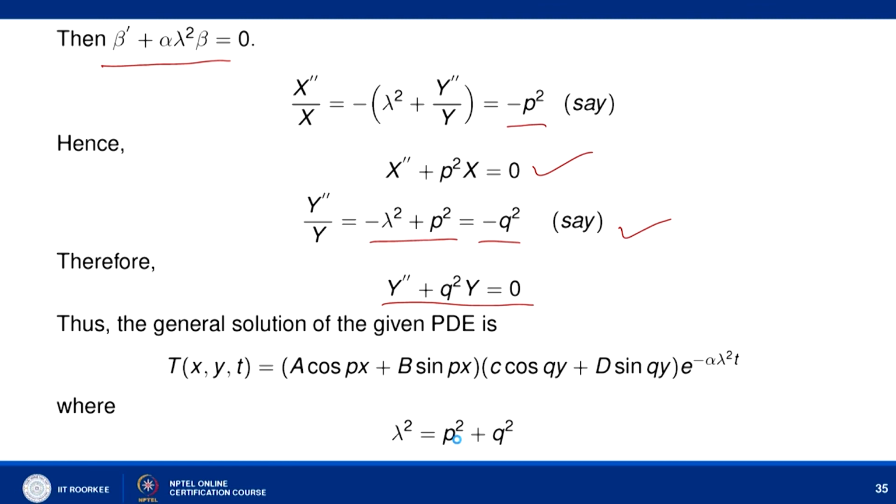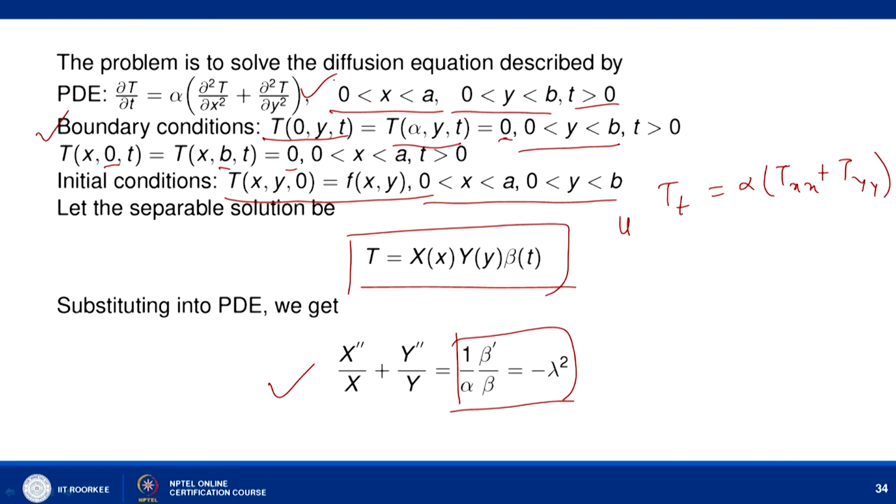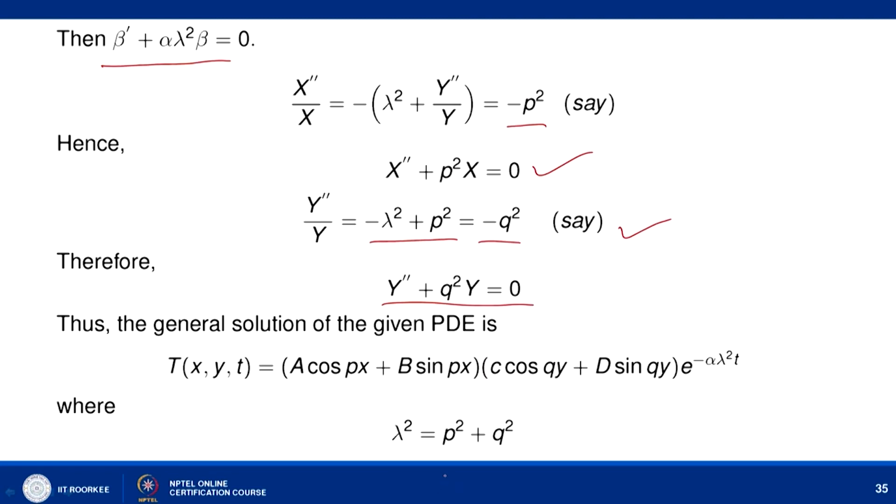So, this PDE, when you take our solution in variable separable form, is now reduced to 3 sets of ordinary differential equations. One is β dash plus alpha lambda square β equal to 0, another one is X double dash plus p square X equal to 0, and Y double dash plus q square Y equal to 0. And how is this lambda related?